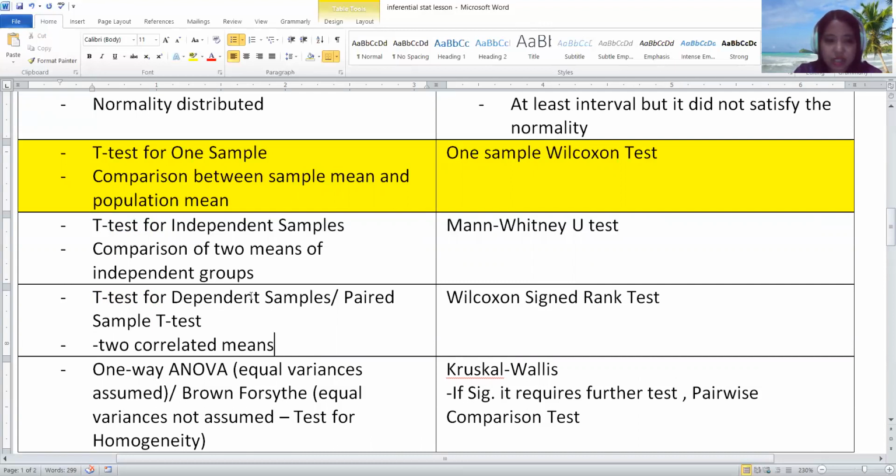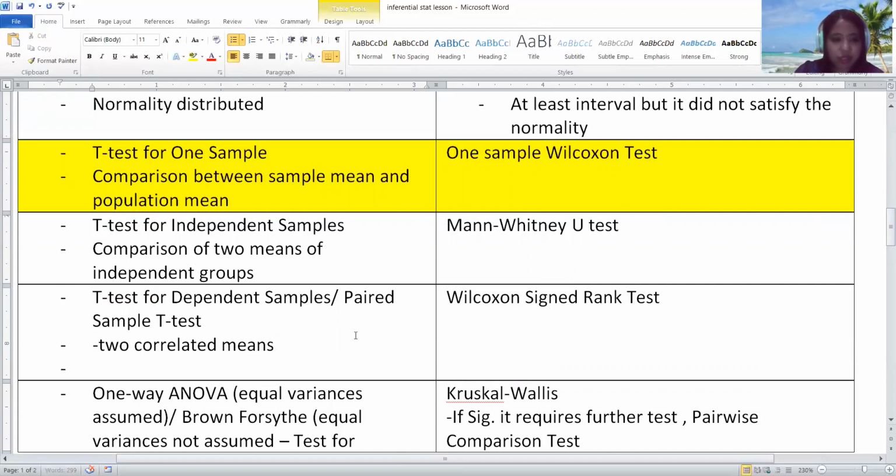This is usually used for action research or questions that deal with pre-test and post-test. So you have diagnostic test and assessment test. And then the counterpart, just in case, again, you did not meet the condition for normality, you're going to use Wilcoxon signed rank test.